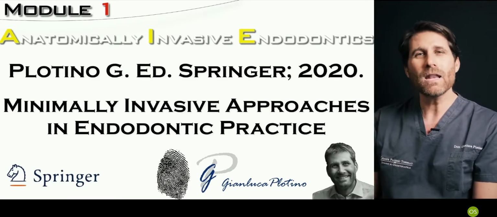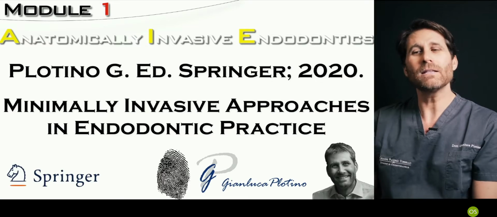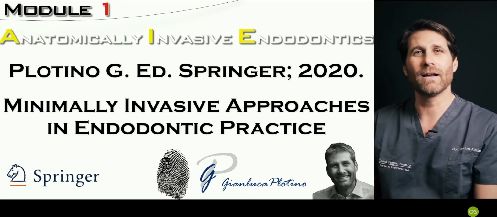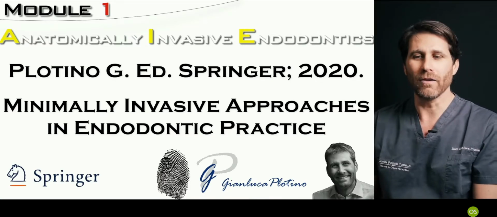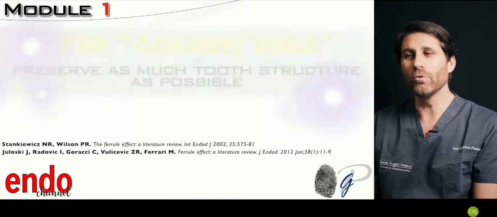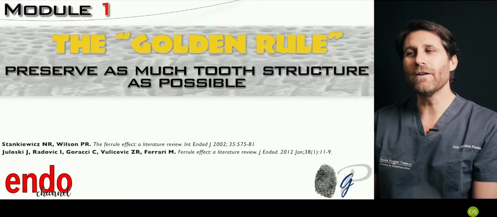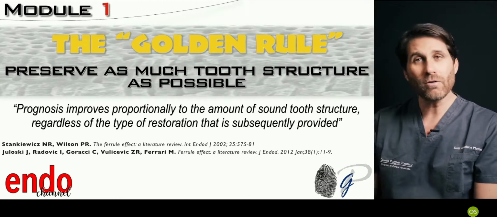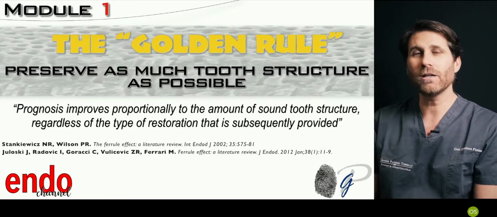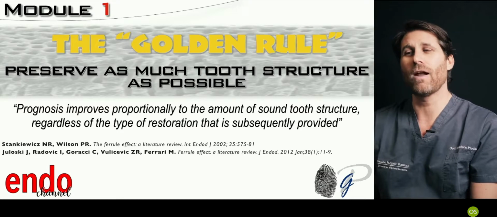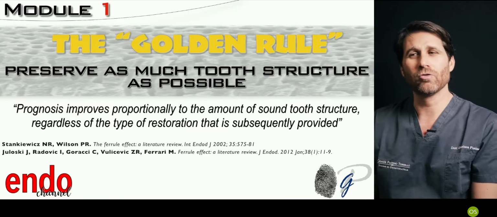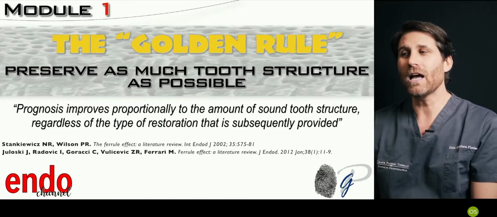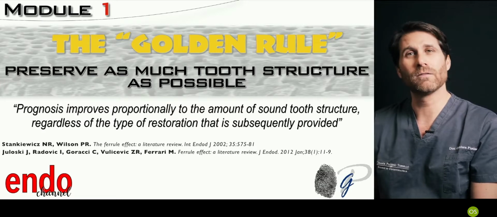So how minimal should we be? This is guided by the anatomy and depends case by case. And the golden rule for this is the preservation of as much tooth structure as possible, because prognosis improves proportionally to the amount of sound tooth structure that we are able to maintain, regardless of the type of restoration that is subsequently provided.